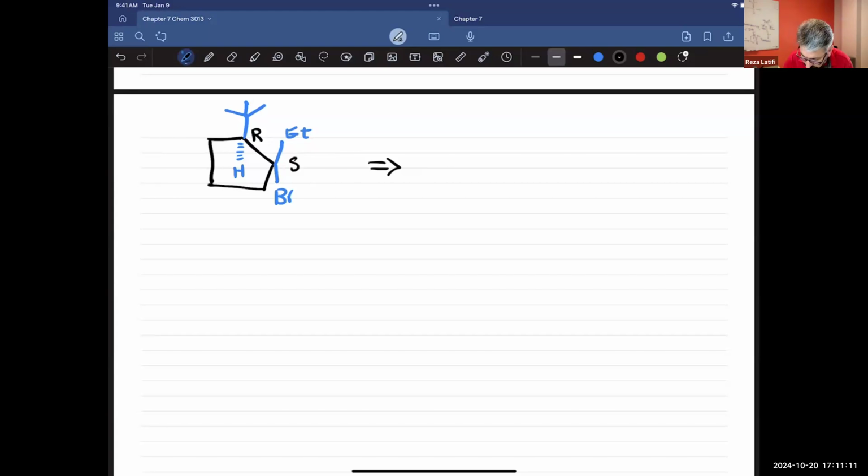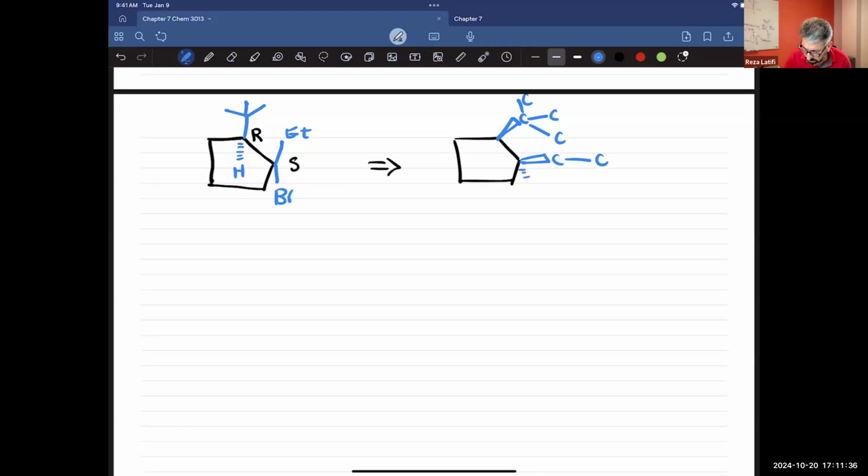This is equal to, if you draw the molecule this way, the tertiary butyl pointing up. So this is going to be the tertiary butyl, attached to 3 carbons. And the ethyl also is pointing up. This is the ethyl.